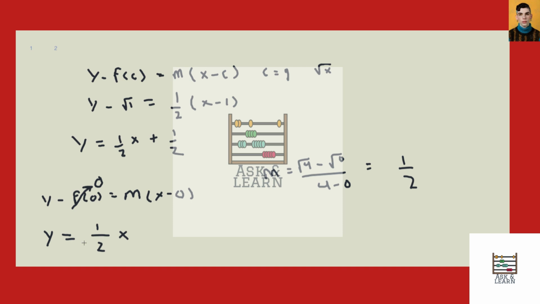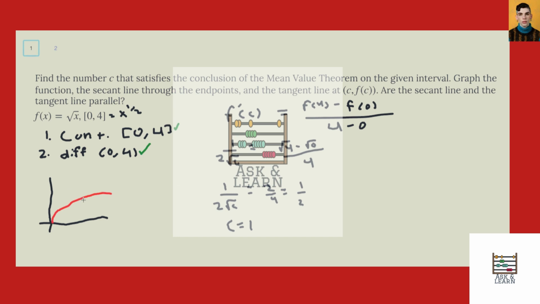And if you look at these two formulas, they have the exact same slope, except the tangent line is shifted up by 1/2. So what does this mean on this graph? Well, from 0 to 4, let's just say this is 4, this is what it looks like. This is the slope. And at the value of 1, the 1 is right here.